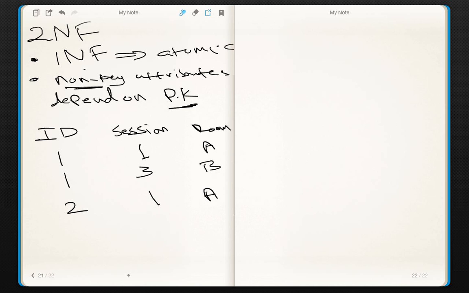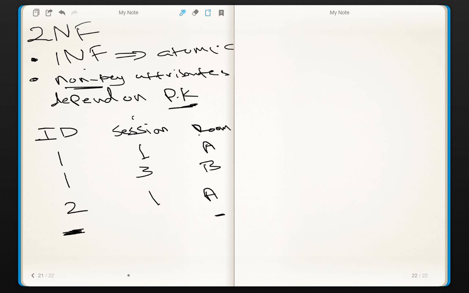Now, this is not the case in this table. Why? As you can see, the room, for example, is a non-key attribute, right? It does not only depend on the primary key.